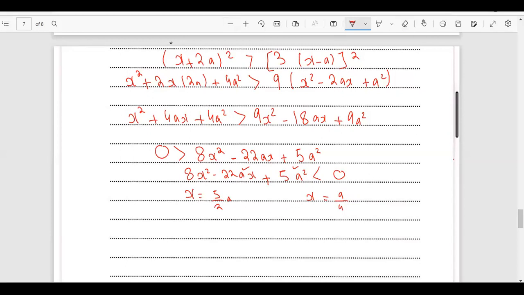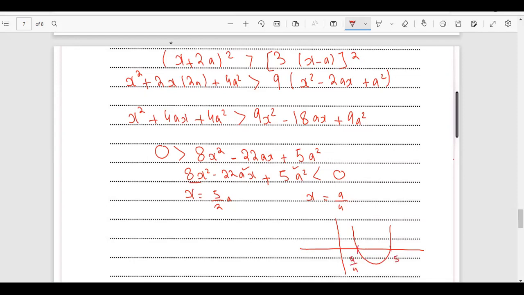I'll tell you. For such questions, we need to make a rough diagram, just a rough parabola, something of this type. We know it is x squared, so it would be a U-shaped curve, and the roots are 5 by 2a and a by 4.